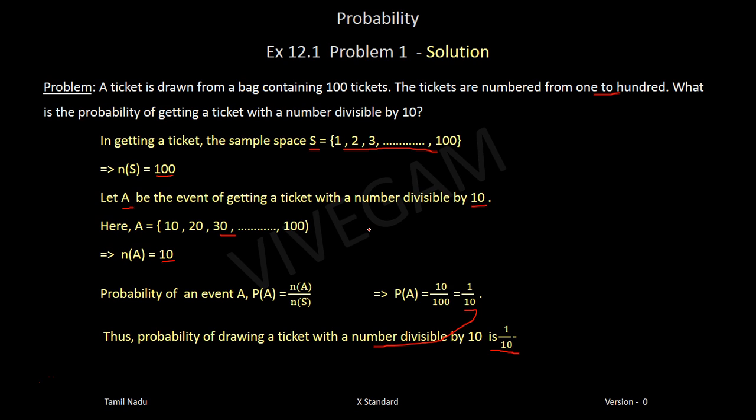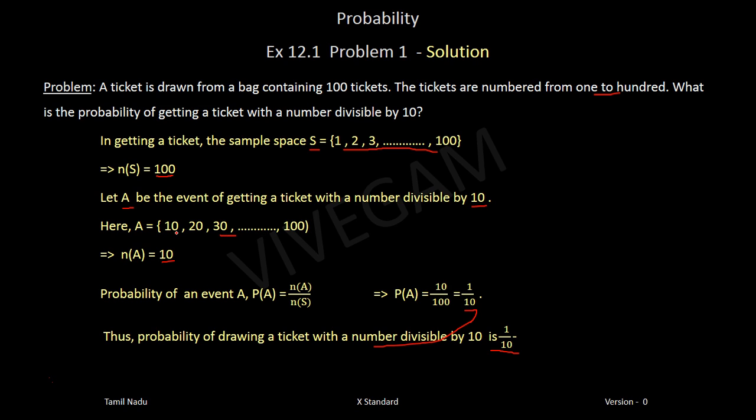So what are all the possible ways A will happen? A will happen whenever you get a number divisible by 10. If you get 10, it is divisible by 10, 20 is divisible by 10, 30 is divisible by 10, 40, 50, 60, 70, 80, 90, 100. So these are all the possible ways A can happen.